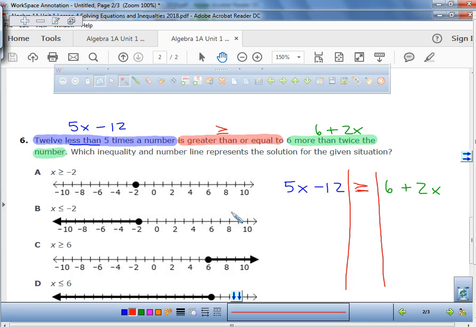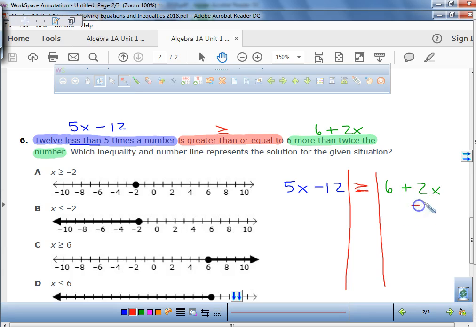All right. Now at this point, it becomes a lot easier. Now all we do is what? Solve for x. Okay? Now on this one, where do I have the most positive x's? On the left side or the right side? Yeah, the left side. I have 5 x's here and I have 2 x's over here. So I'm going to ask the student, all right? And if you don't know, it's okay. How do I get rid of a 2x?